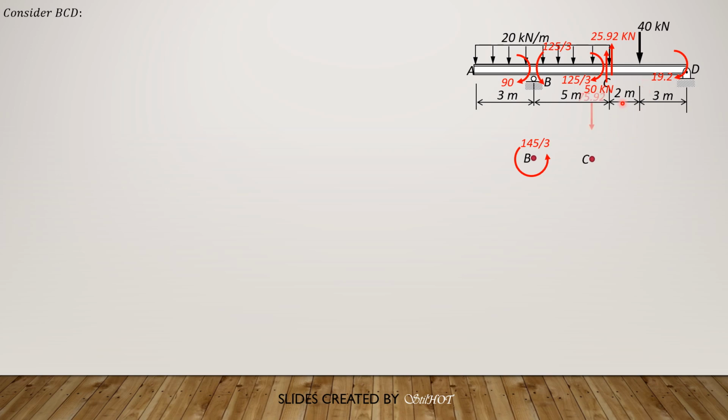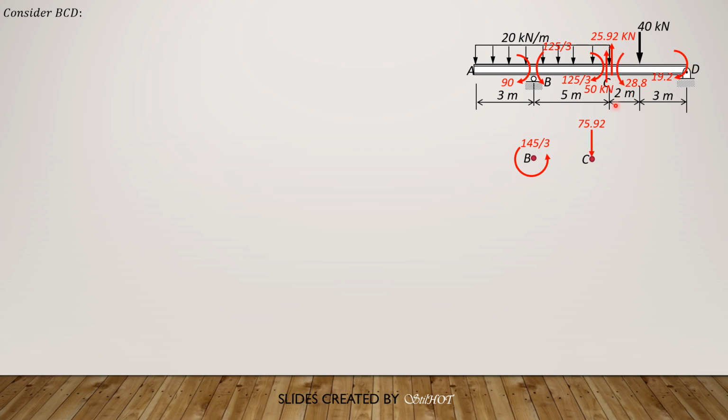Then at C, so we have 50. The 25.2 reaction is found by summing up moments about D, so reaction times 5 minus 40 times 3 minus 28.8. We have a couple here of 28.8 counterclockwise. So again, summation of moments at D is the right reaction at C times 5 plus 19.2 equals 40 times 3 minus 28.8.